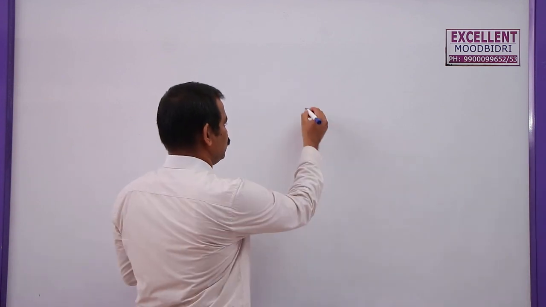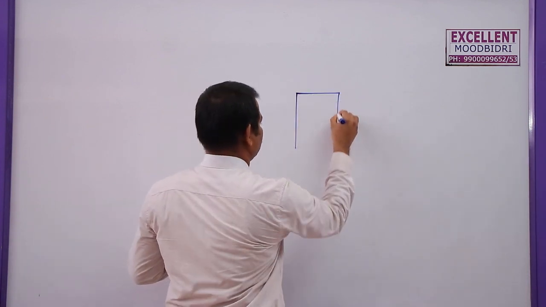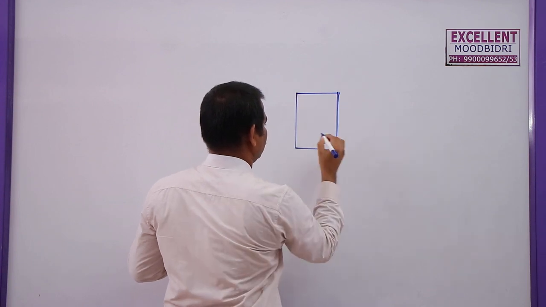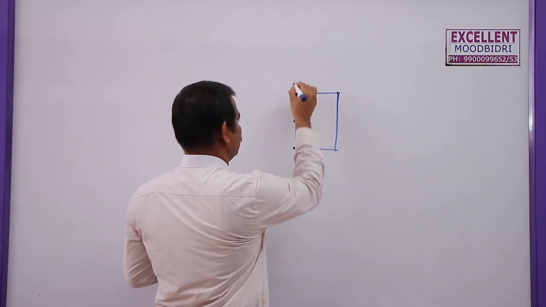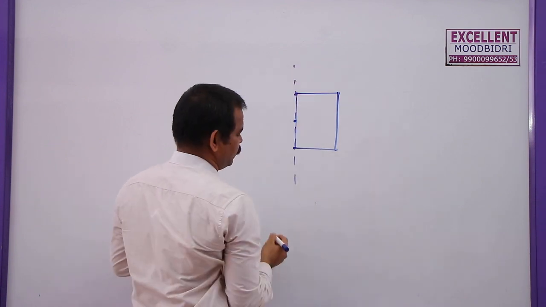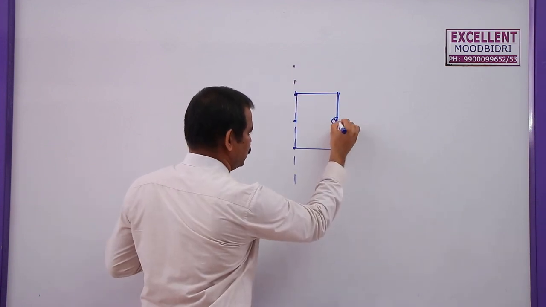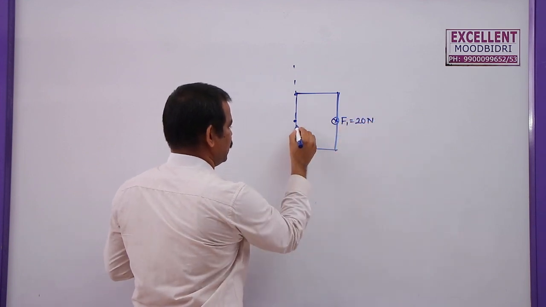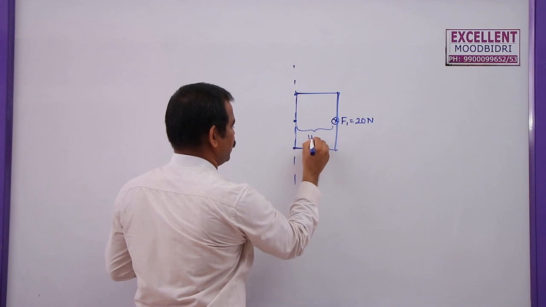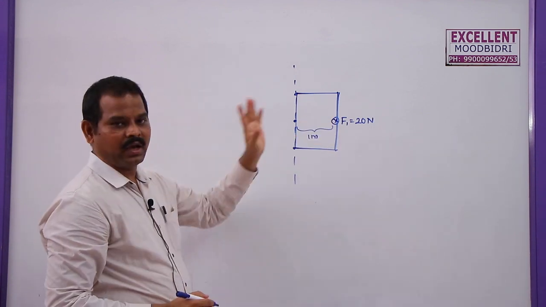Here, while opening or closing a door, this is our door, and these are the hinges provided here. So this will be the axis of rotation. If we apply a force here, let us say the force applied is 20 newtons, and the width of the door is 1 meter. How much torque is acting on this door?